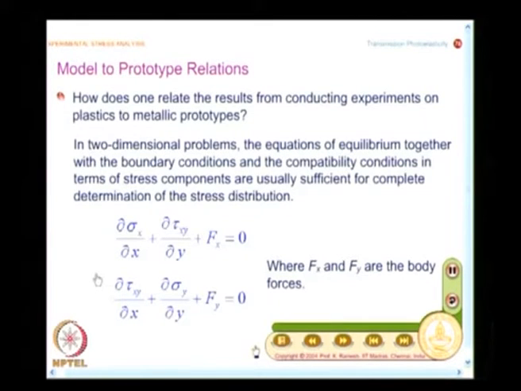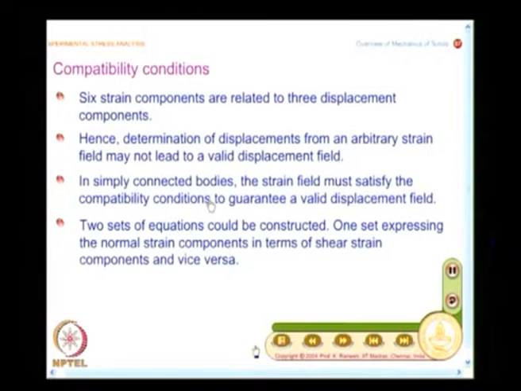And what are compatibility conditions? If you go back and see from your theory of elasticity understanding, you have 6 strain components, but you have only 3 displacement components. Suppose I find out the strains from displacements, no problem.